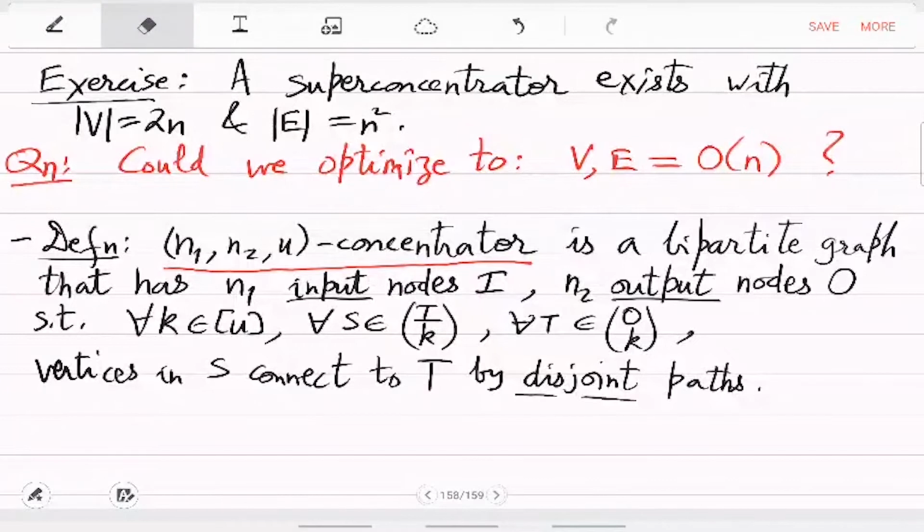And the key thing here is that the quantifier will be flipped. So, it is not for all, this is there exist. This is the only change in concentrator.